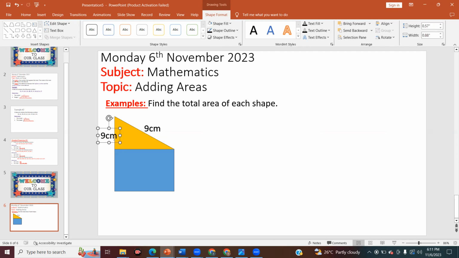Next up, let's say that this side is 6 centimeters. Please draw this image.